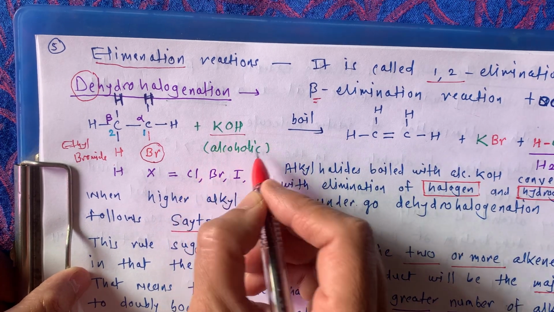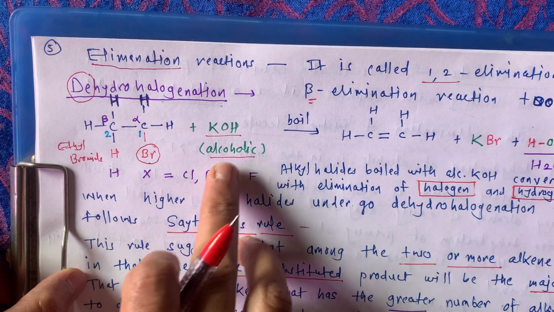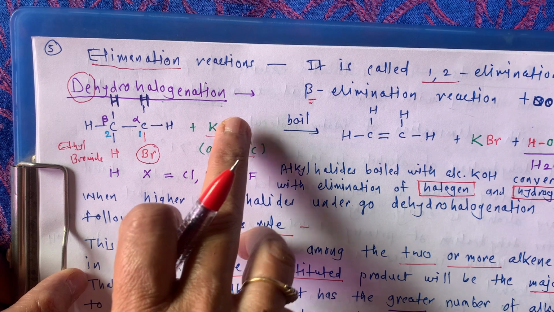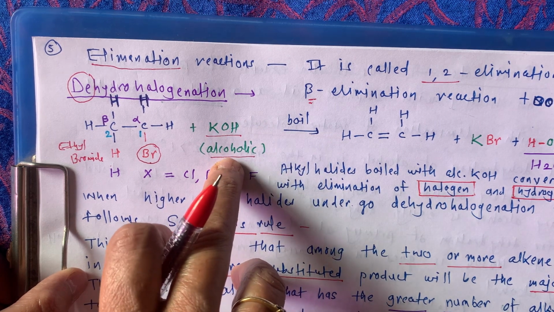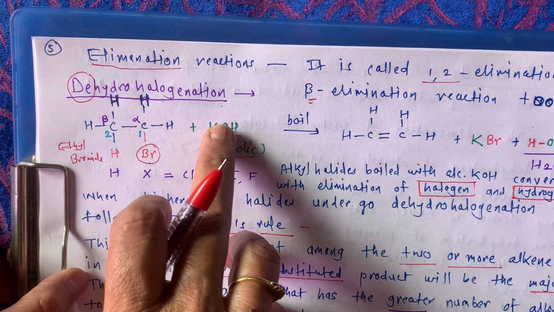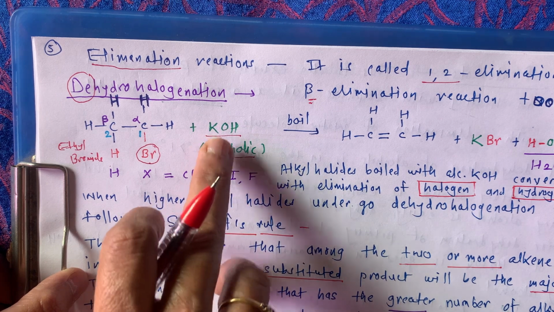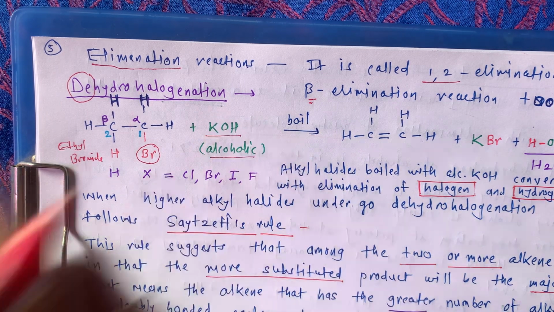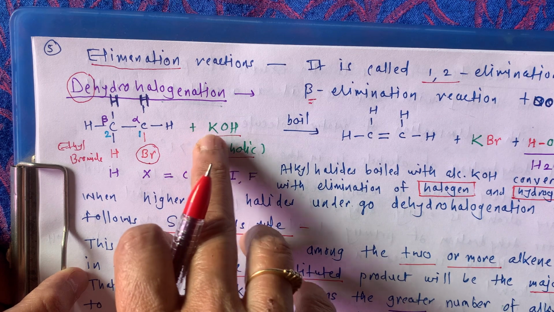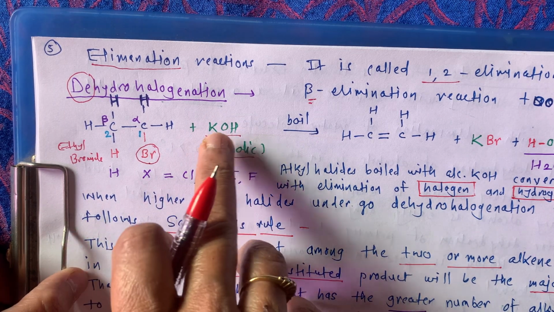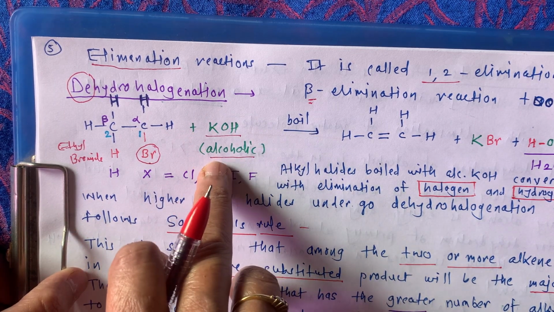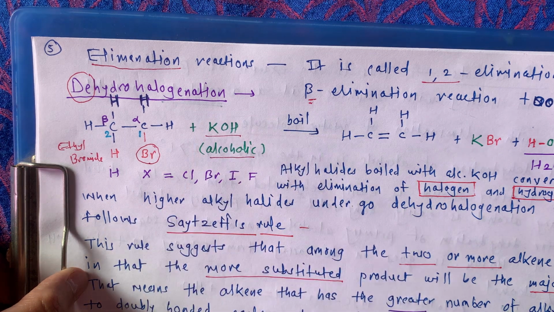When treated with alcoholic KOH. What is the meaning of this? KOH in presence of alcohol. Like in alcohol, KOH is added and then it is called alcoholic KOH. If it is aqueous KOH, then KOH is dissolved in water and we say aqueous KOH.